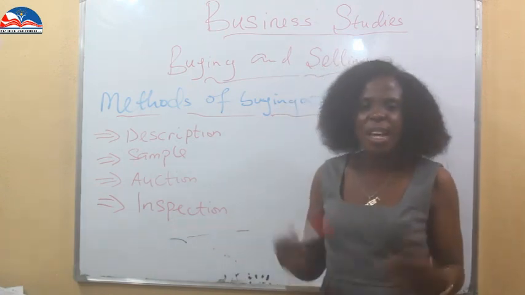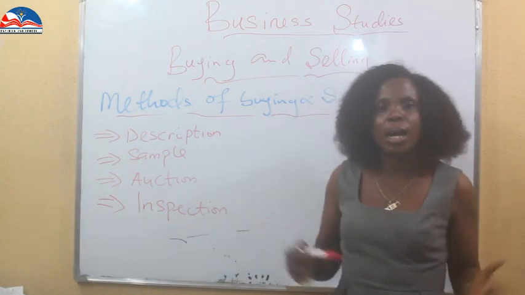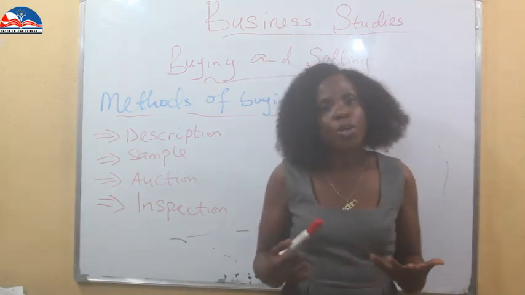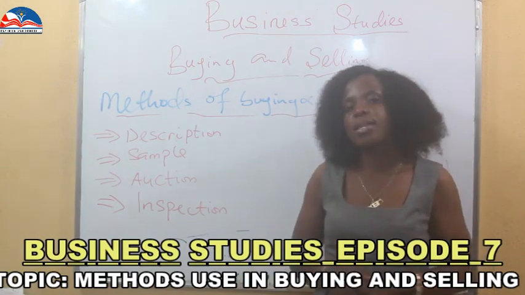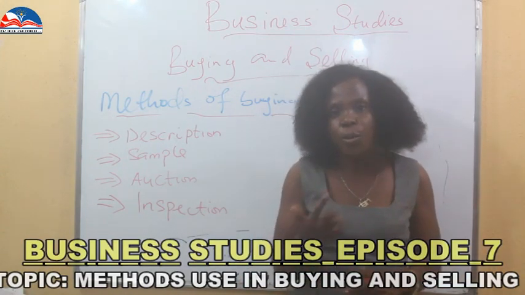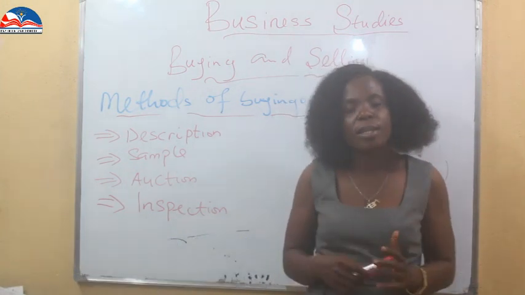Inspection. I think in our major farmers market, in our shops, most of the products we buy, we inspect them. You want to buy garri, you want to taste it. You want to buy oil, you want to taste it. You want to buy groundnuts, you want to taste it.